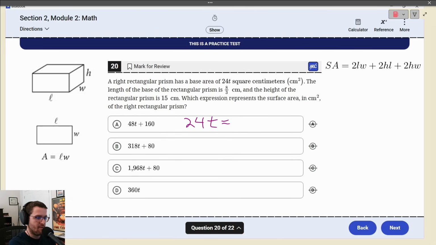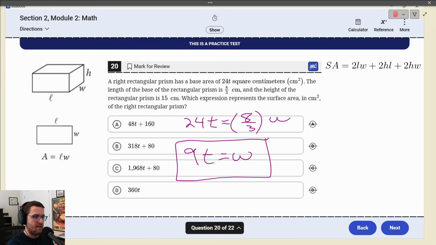They said the length was 8/3, and then the width we don't know. So now we can divide both sides by 8/3. I just did 24 divided by 8/3 on my calculator, and I got 9. So 9t is equal to the width.